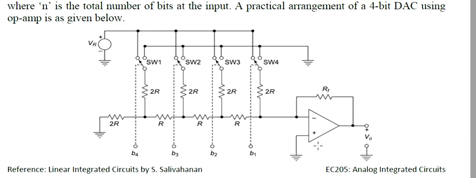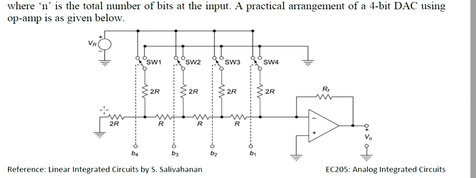In the op-amp, the positive terminal is grounded and at the negative terminal one feedback resistance is connected. At the negative terminal, the arrangement of resistances is very important. The 2R resistances are connected in parallel and the R resistors are connected in series, and at last one 2R resistance is grounded.